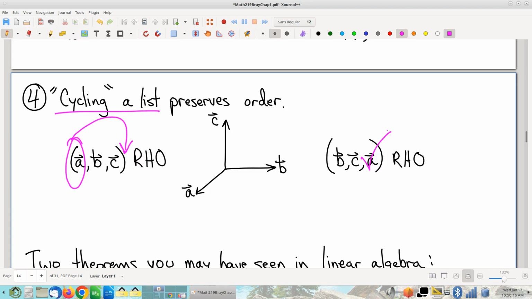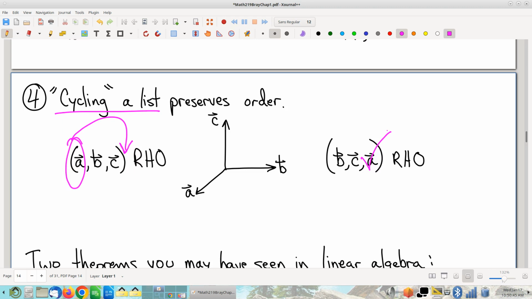Cycling amounts to this motion, and it's another good one to just take a moment and pull out your right hand and do this move, and notice that this is what's happening geometrically when you cycle the list.